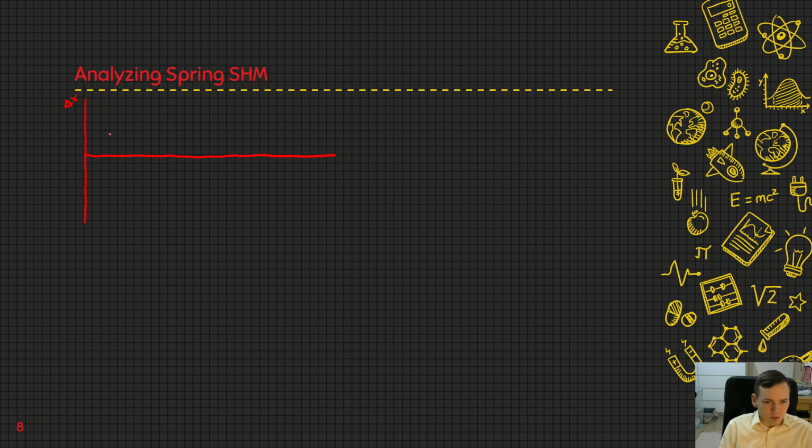I'm going to start here and mark off the time intervals, and I just want to make sure it's a nice sine function for you, going all the way up here and back down here.